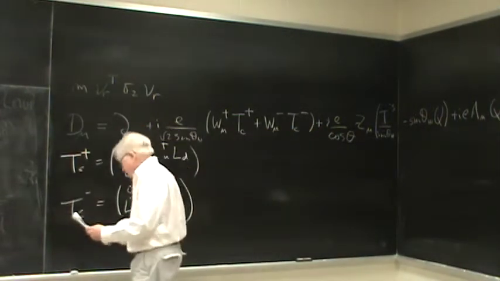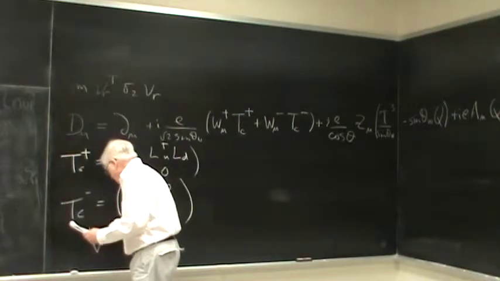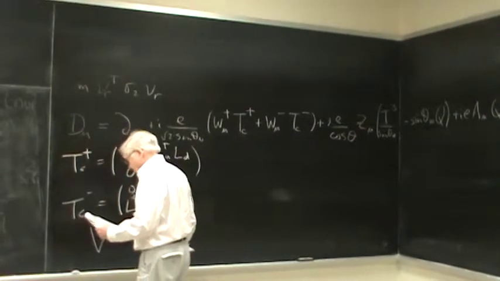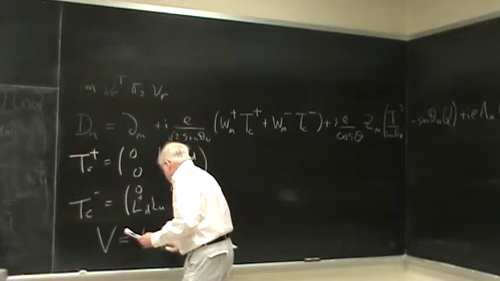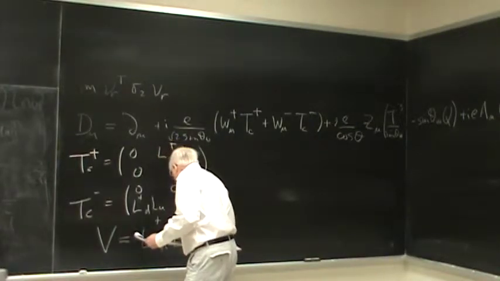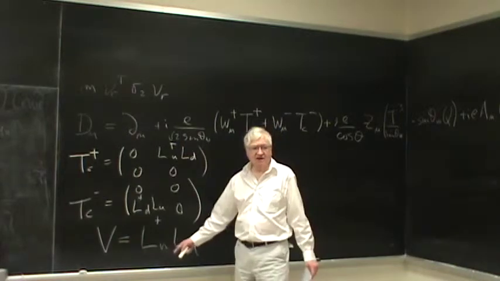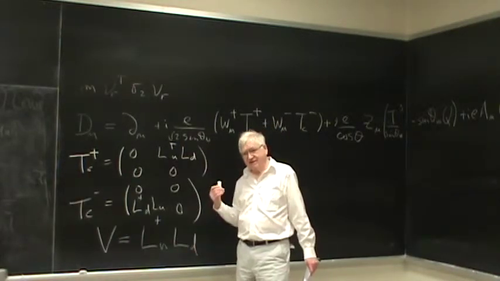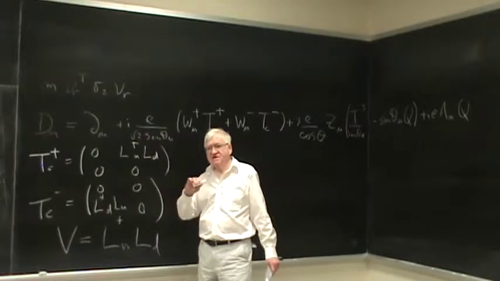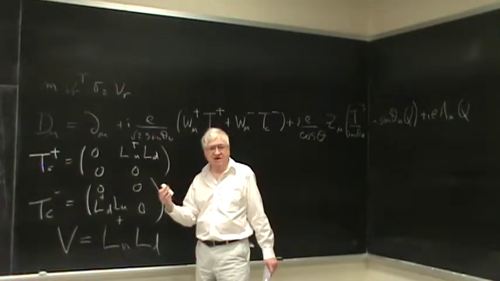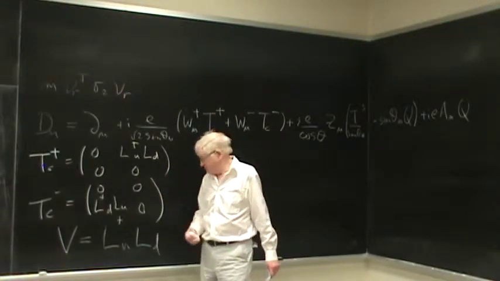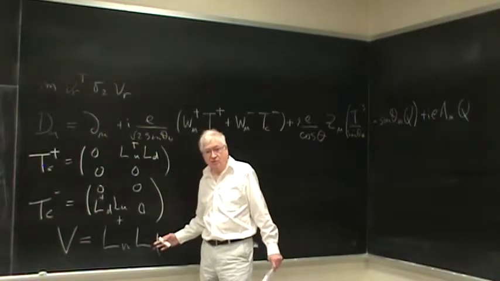This matrix here, the CKM matrix, is often written as V, and it's LU dagger LD. Remember, the LU and the LD were the left-handed parts of the singular value decomposition of the mass matrices, either for the up quarks or the down quarks.